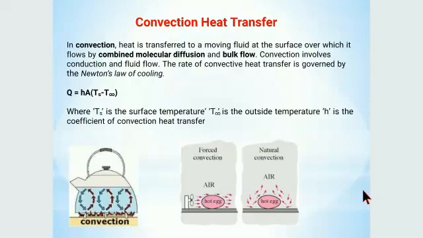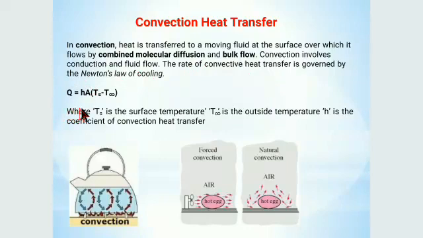Next one, convection heat transfer. In convection, heat is transferred to a moving fluid at the surface over which it flows by combined molecular diffusion and bulk flow. Convection involves conduction and fluid flow. The rate of convection heat transfer is governed by Newton's law of cooling.